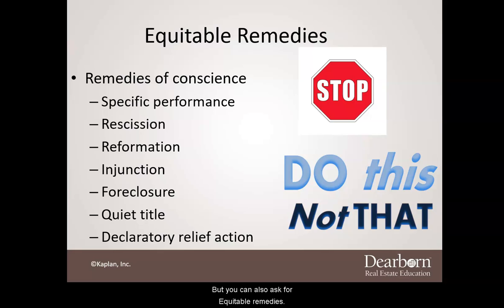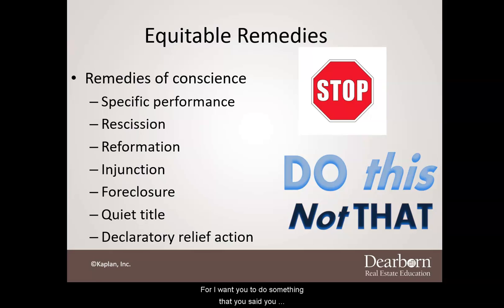But you can also ask for equitable remedies. These are things that have to do with fairness, that have to do with stopping people. So temporary restraining orders fall under equitable remedies. I want you to stop the foreclosure. I want you to stop whatever you're doing, and the court can issue an injunction granting that stoppage.